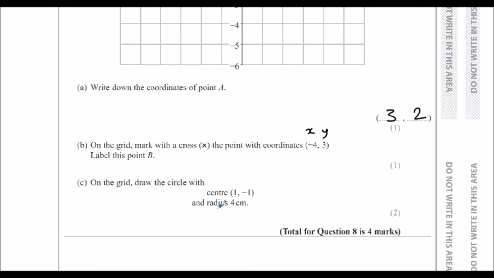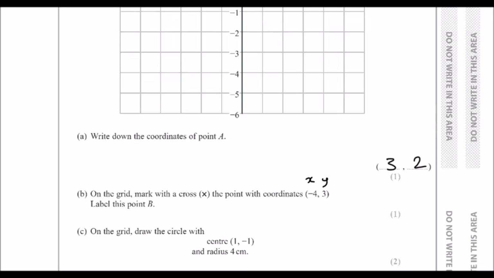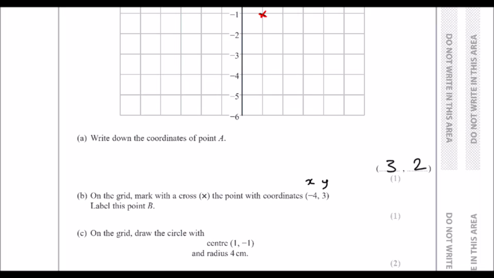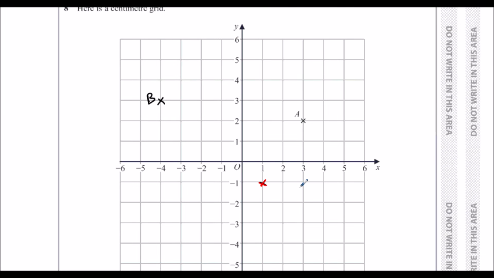On the grid, draw a circle with center 1, -1. So the center of the circle is at 1, -1. And it's got a radius of 4. So it's going to go 1, 2, 3, 4 up, 1, 2, 3, 4 in each direction.